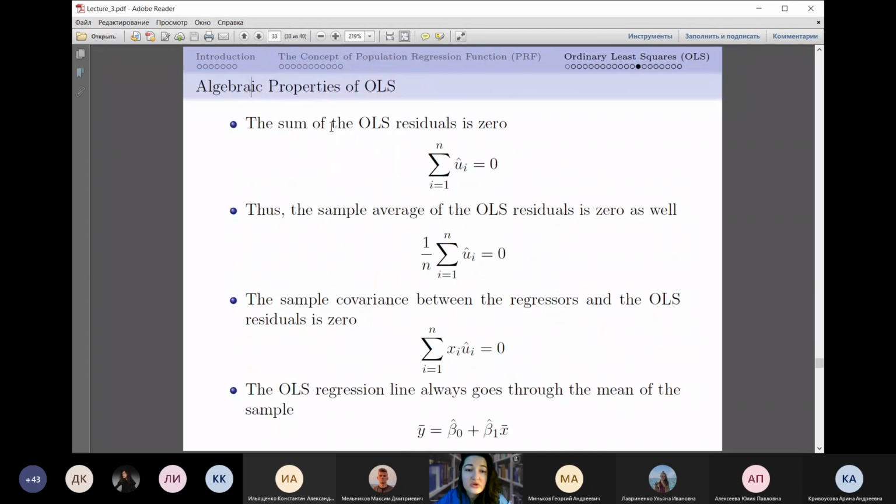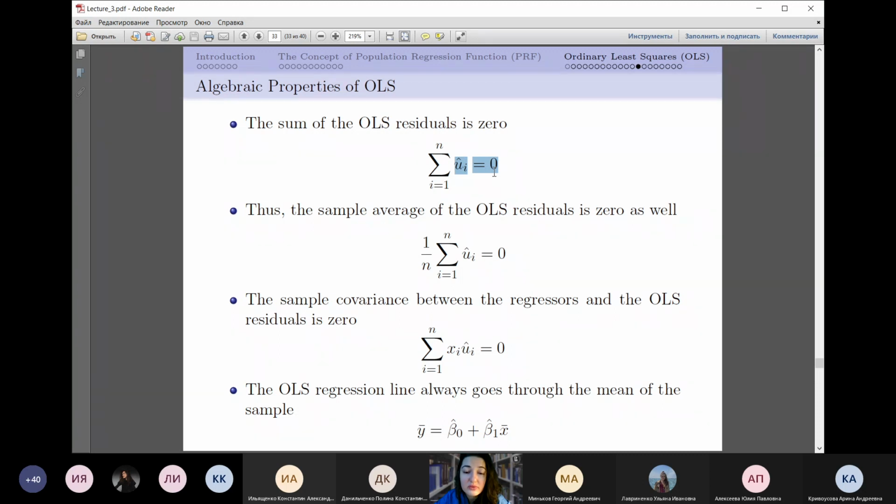And also we have some properties of the ordinary least squares method. The sum of the residuals should equal 0. This follows from the first order condition. You should remember from this formula that the sum of the residuals equals 0.